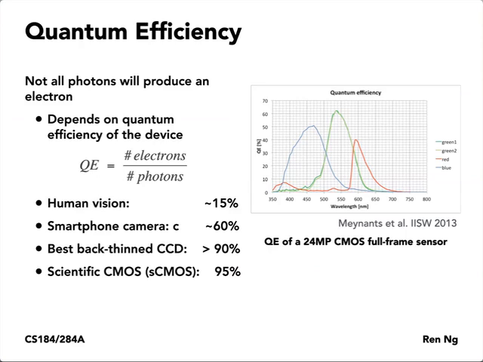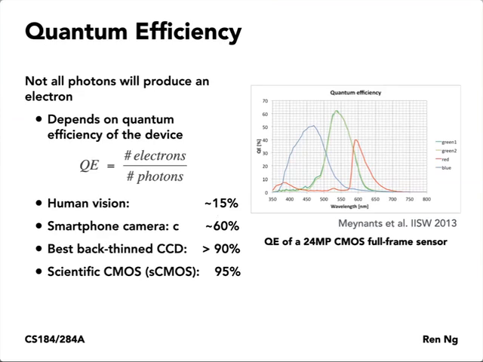Quantum efficiency is the number of electrons that are eventually captured and then successfully measured later, divided by the number of incident photons at the device, in this case, the device being a single pixel.